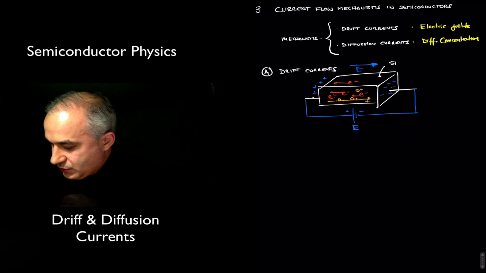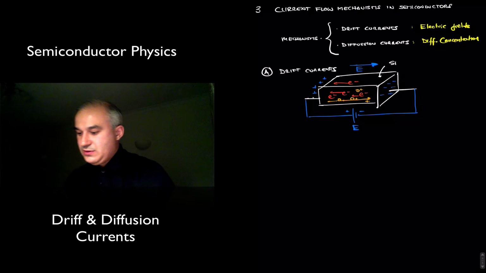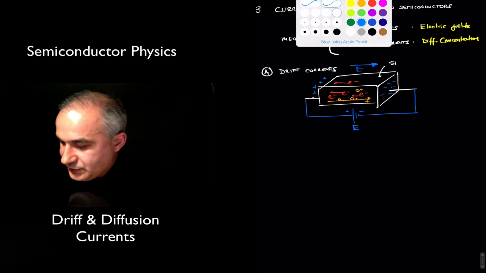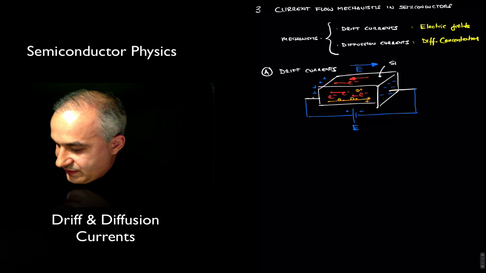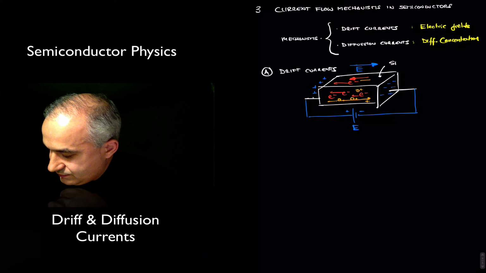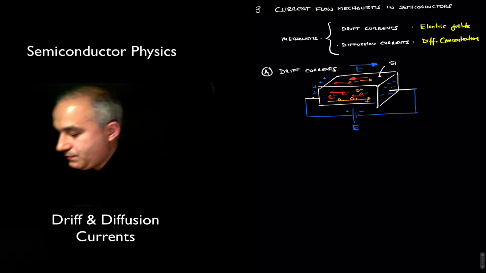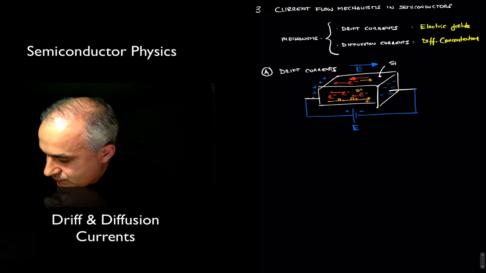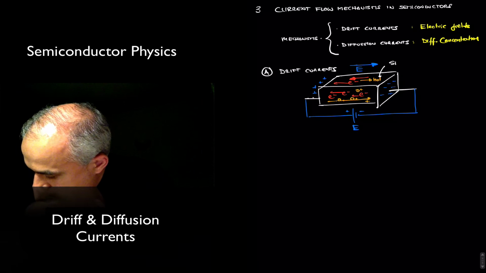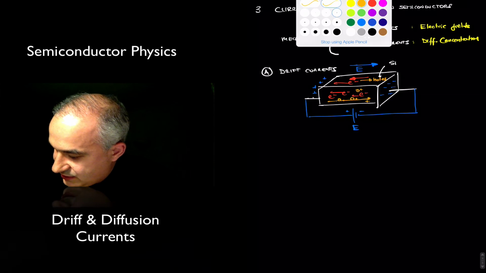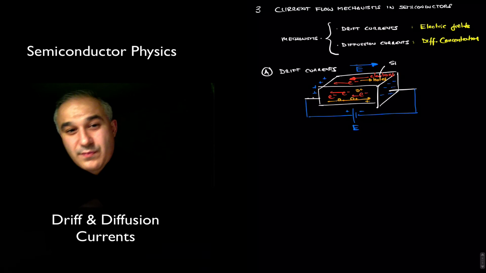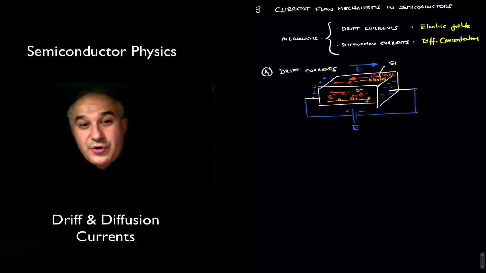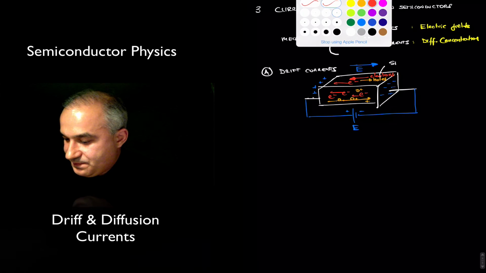And so we have electron current in the opposite direction and hole current in the direction of the electric field, like that. So let me actually write it, holes and electrons. Those are going to add up to create a current.